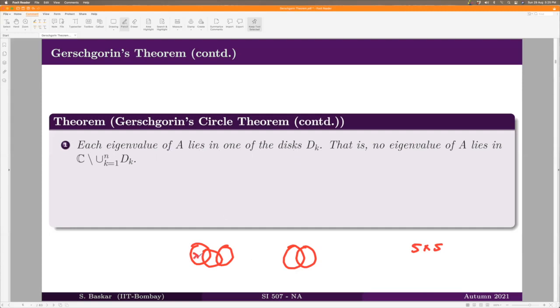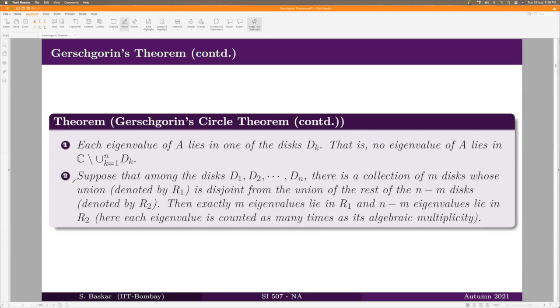Your lambda 1 may be lying here, lambda 2 may be lying here, lambda 3 here, lambda 4 here, and lambda 5 here. What is interesting is that none of the eigenvalues of your matrix A will lie outside these circles. This will never happen. That is what the statement says, and this is yet another important point that one has to keep in mind.